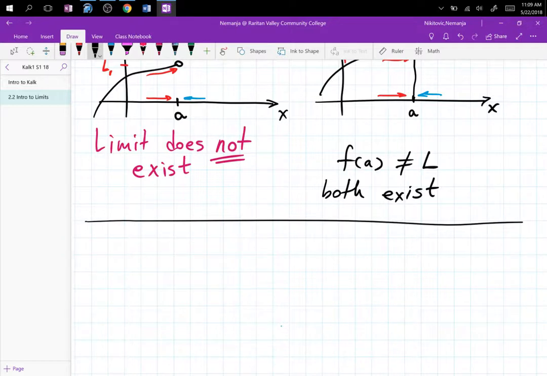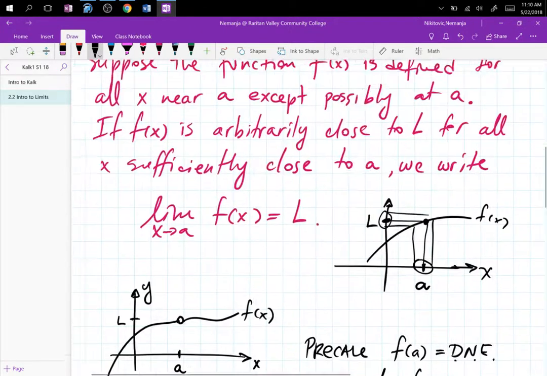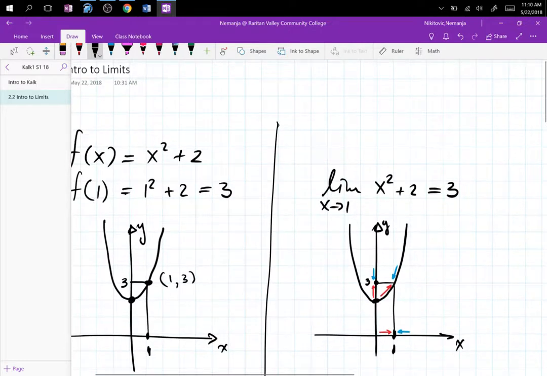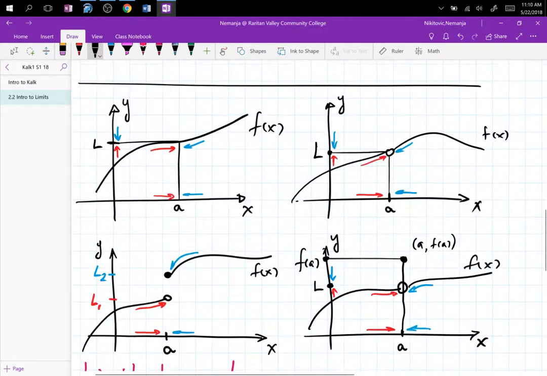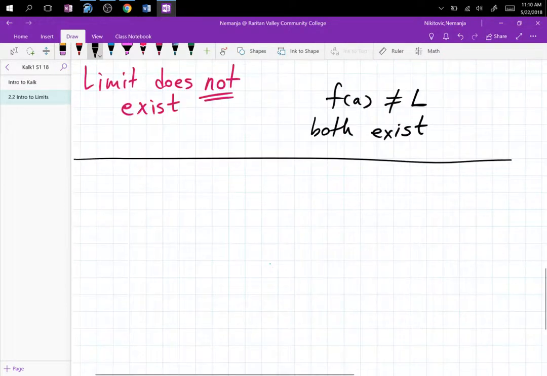Now, we have this notion of red arrows and blue arrows, and you saw me draw those on every single picture we had from the beginning, unless I talked about pre-calculus only. So now it's time for us to talk about those arrows. I have an arrow that is approach from the left.